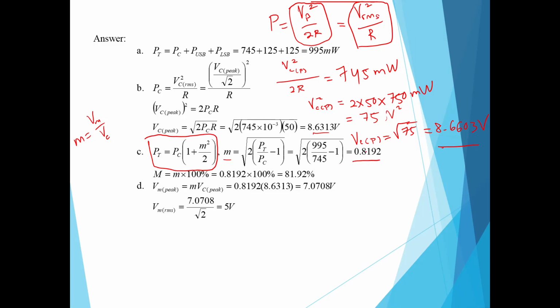So we get 0.8192. If you want to calculate the modulation index as a percentage, we multiply by 100%, so we get 81.92%. So this is the modulation index and also the percentage of modulation index.